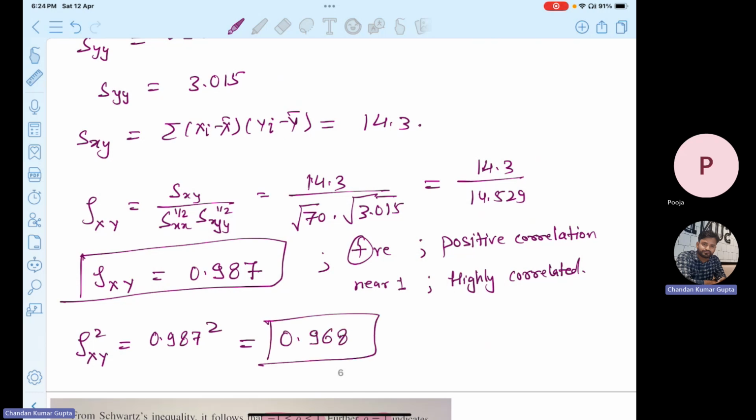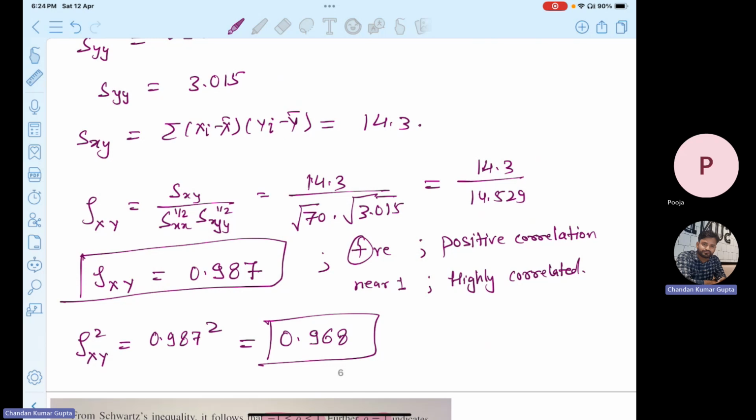That means we are able to predict the impact of a change in one variable on the other variable at around 96%. If one variable is changing, then 96.8% of that change can show up in the other variable. So this is what the coefficient of determination means.